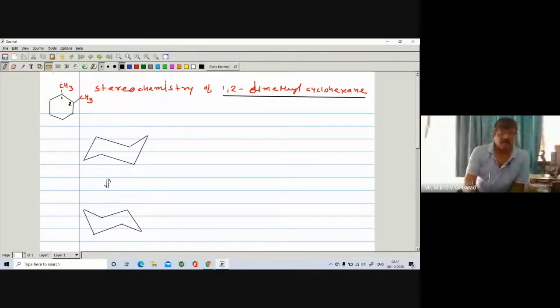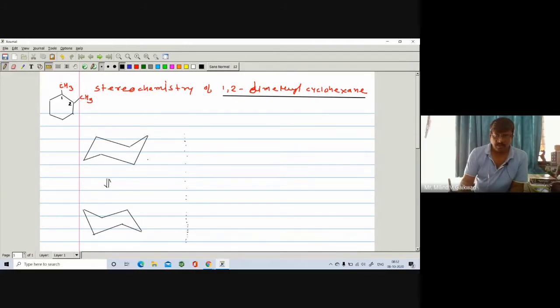Now we can draw mirror images of this. If I write the mirror image, you will get the corresponding isomers. So again I have to draw its mirror image. Its mirror image will be like this one.